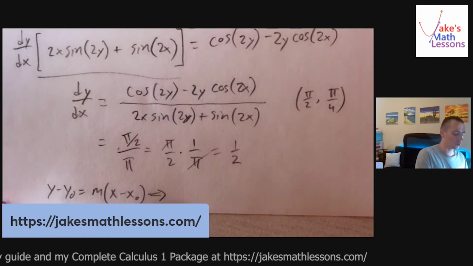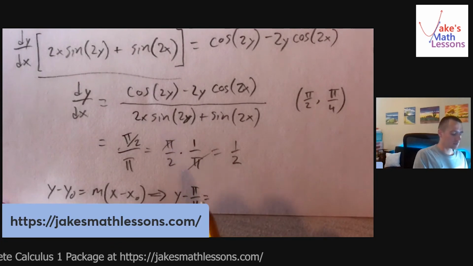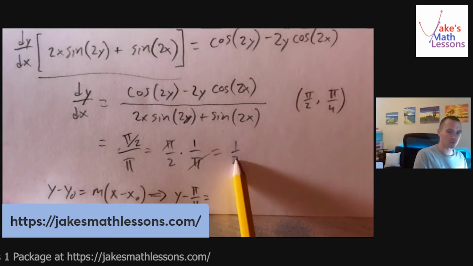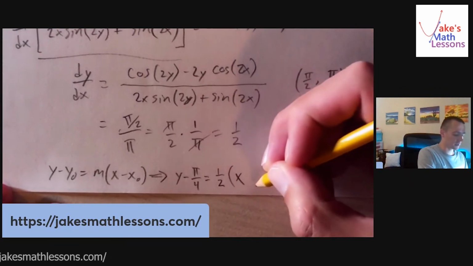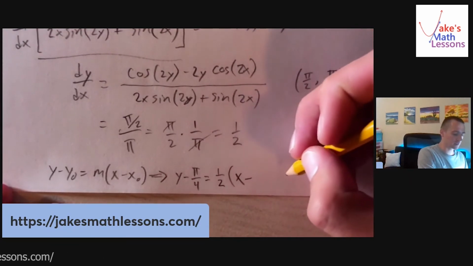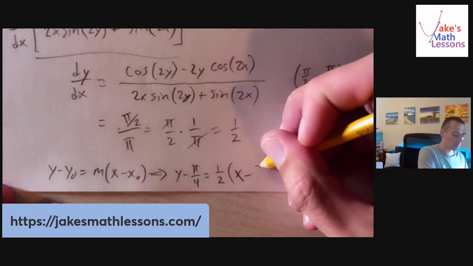So we can replace y0 with pi over 4. We can replace m with the slope that we just found, 1/2. x is just going to stay as x, and then we can replace x0 with the x coordinate we know that this needs to go through, which is pi over 2.